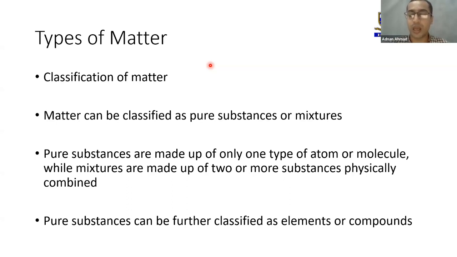So what would be an example of a mixture? Yes? Okay, a soda. So a soda is an example of a mixture which is impure, right? So what is a soda actually?